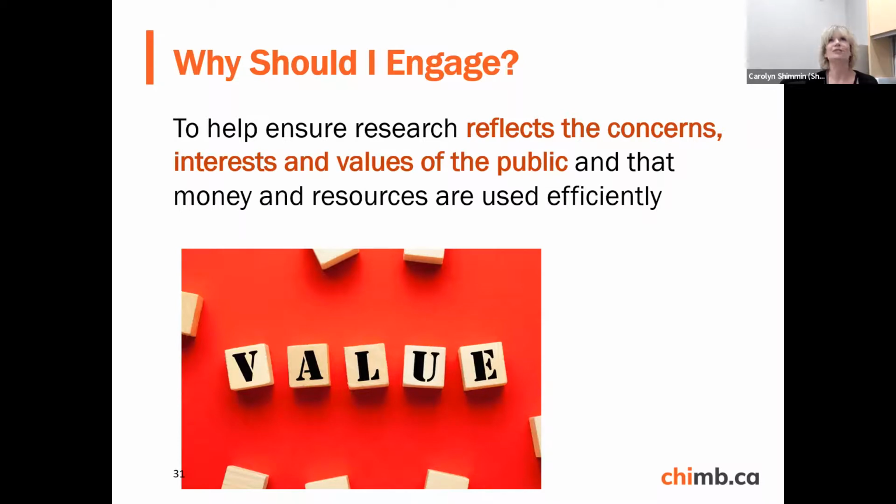And this can include grounding research in a strengths-based and resiliency-based lens versus a deficit lens, and making sure that design and methodology truly reflects the values of community.